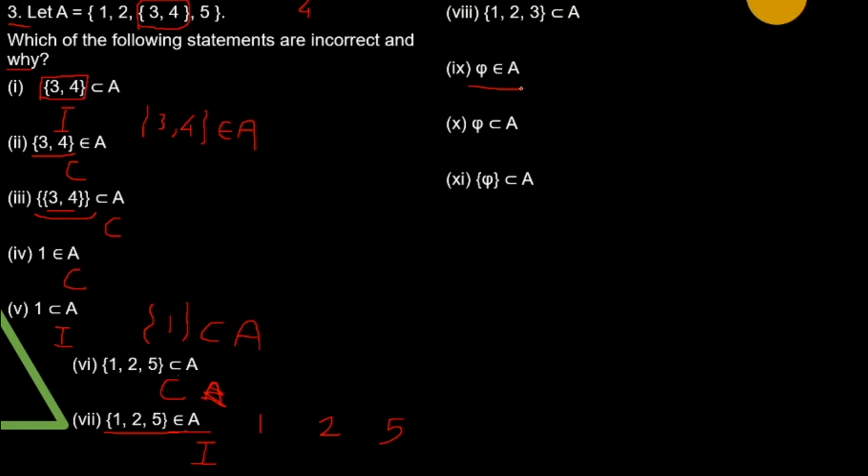Which one is correct? What did we learn? {5} is a subset of A, right? So this one is incorrect. What about this question? Do we need to write 5 within curly brackets? No. Writing 5 alone is enough to represent an element of A. Fine.